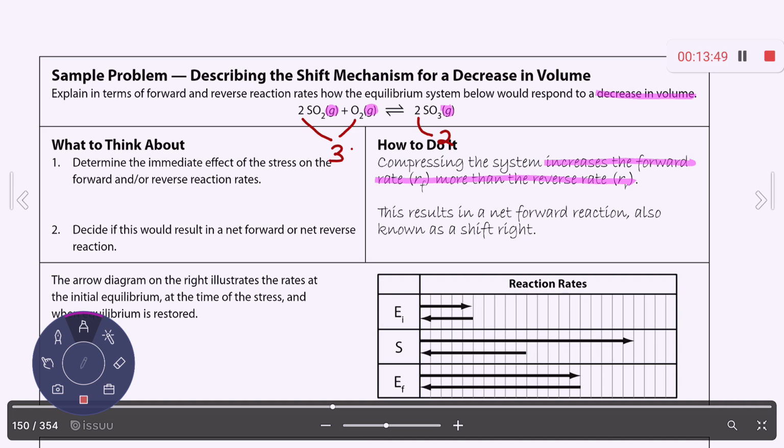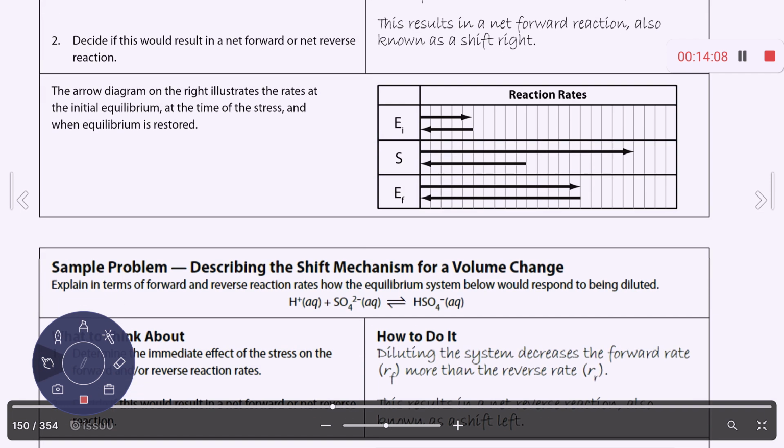During that stress, you can see here that the forward rate has taken a huge leap in comparison. When you get back to the second equilibrium, then you can see both rates increase, but now they are the same. And then let's take a look at the other example at the bottom of the page.